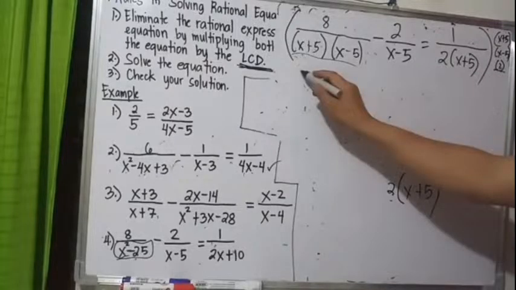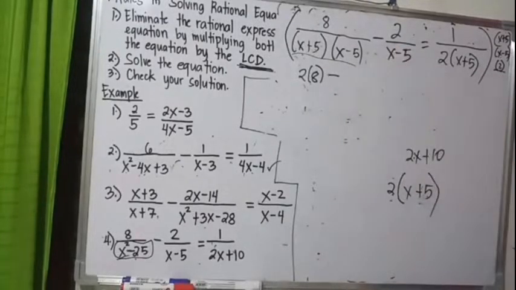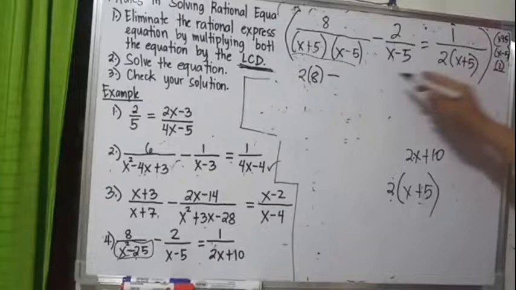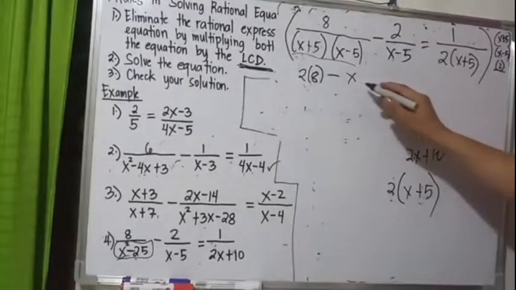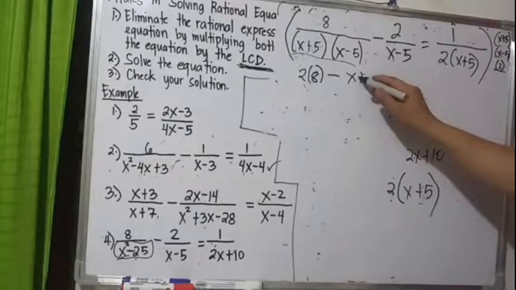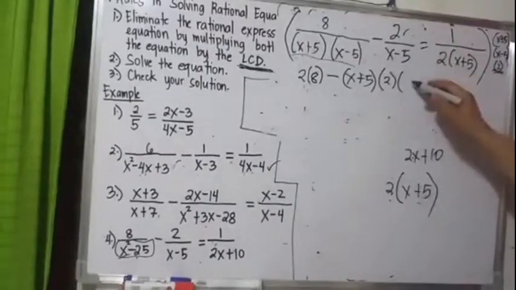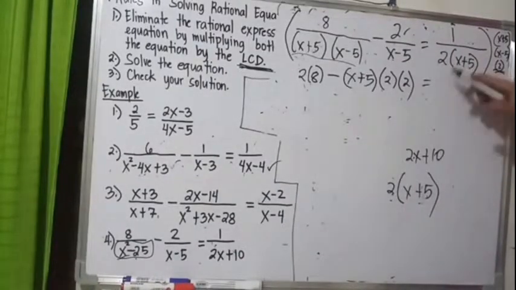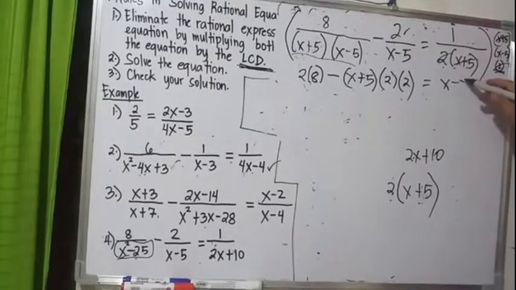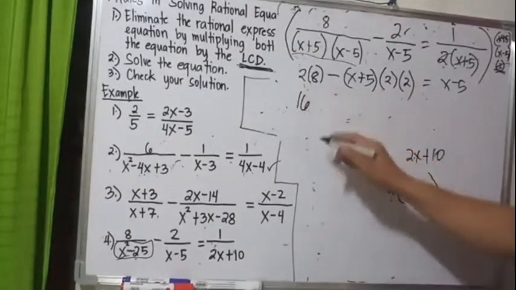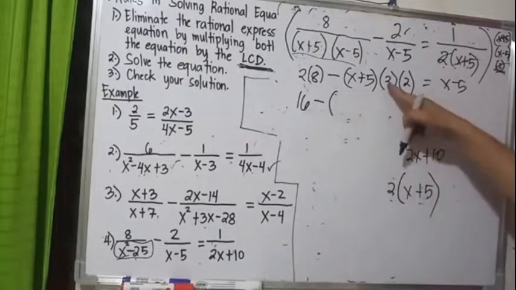So 2 times 8, then subtract ito, x minus 5 ma-eliminate, so remaining is x plus 5 times 2 equals ito, 2 times x minus 5, ang 2 ma-eliminate, x plus 5, so remaining is x minus 5 times 1. Then simplify, so this is 16, subtract, this one is 4.